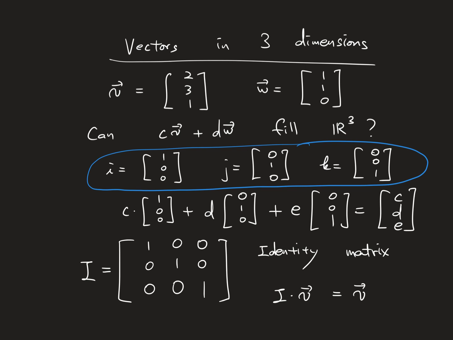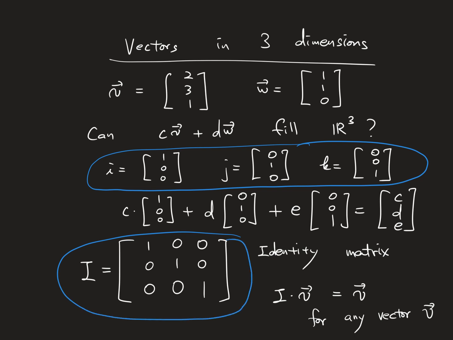The identity matrix does not change any vector when you multiply it with any vector V. So we will call this matrix the identity matrix. This is the end of section 1.1.